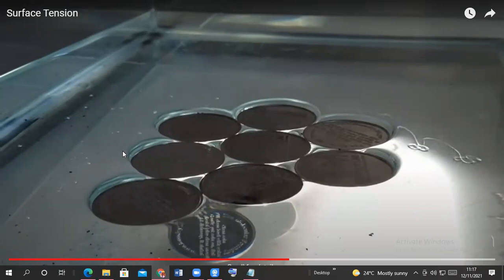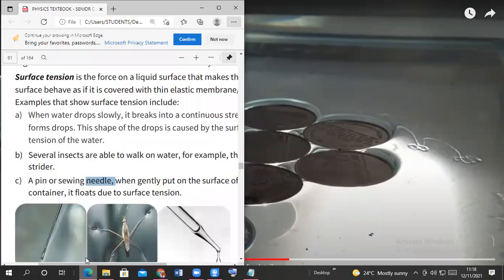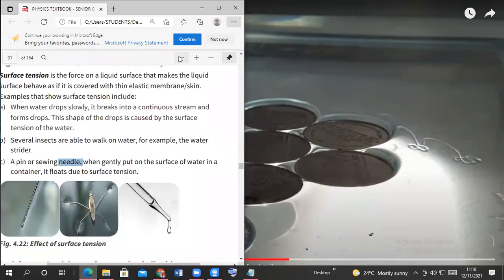So it is a force that makes the free surface of a liquid behave like a thin, stretched, elastic skin. That is surface tension. Are we together? Here they are defining surface tension as the force on a liquid surface that makes the liquid surface behave as if it is covered with a thin elastic membrane or skin.